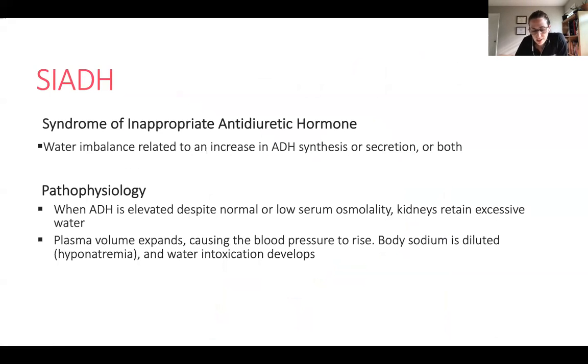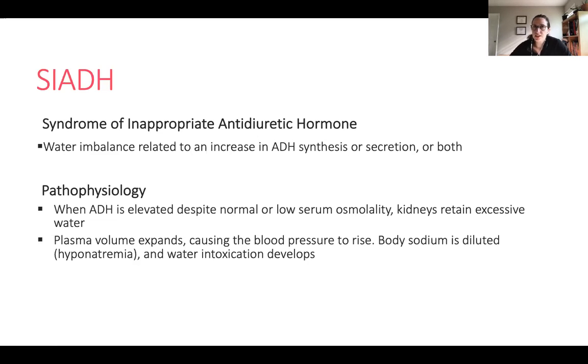So this could be water imbalance because of increased ADH secretion or synthesis, or both. So some factors that can lead to development of SIADH can be brain trauma, brain surgery, or tumors that are compressing on the pituitary gland, infections, or some drugs, or some types of cancer.